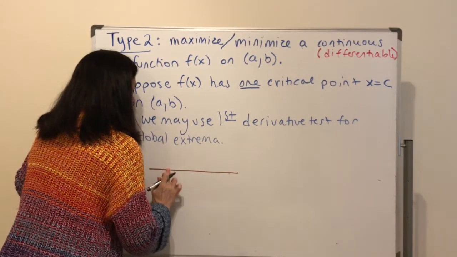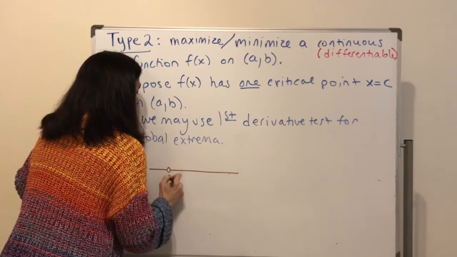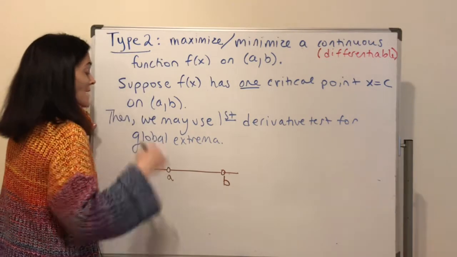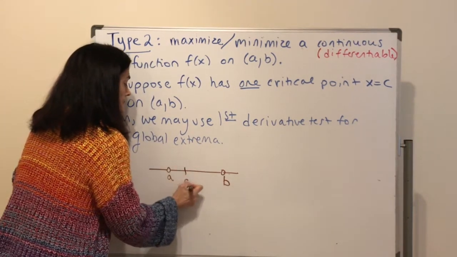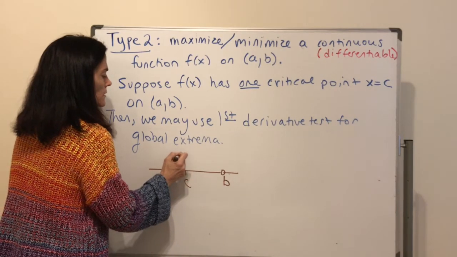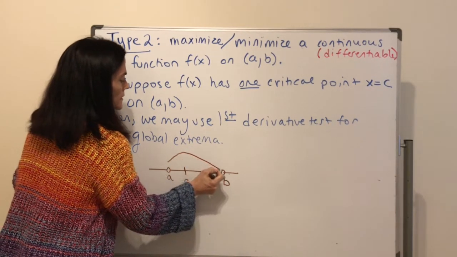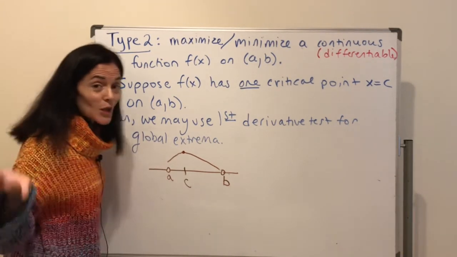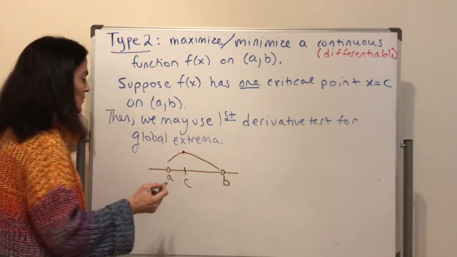We have an open interval, a to b. We have only one critical point, and then say the function is increasing and then decreasing, okay? It's a global max as well as local max.